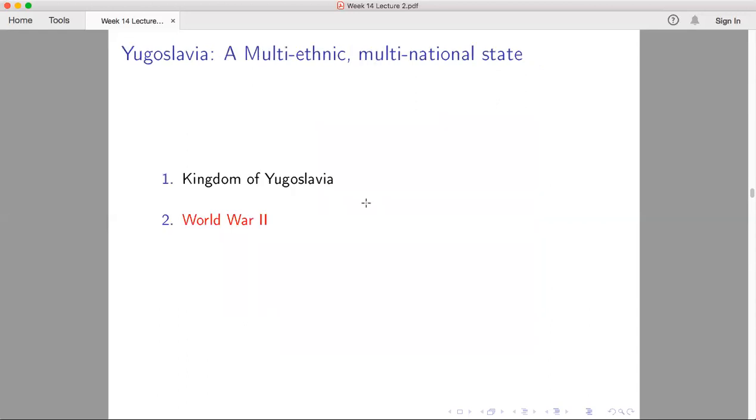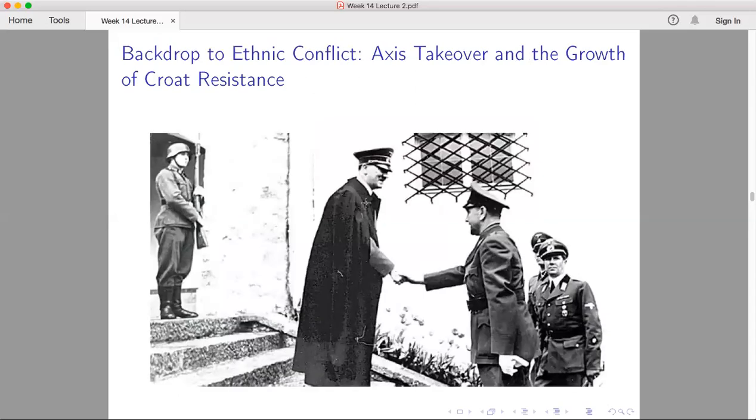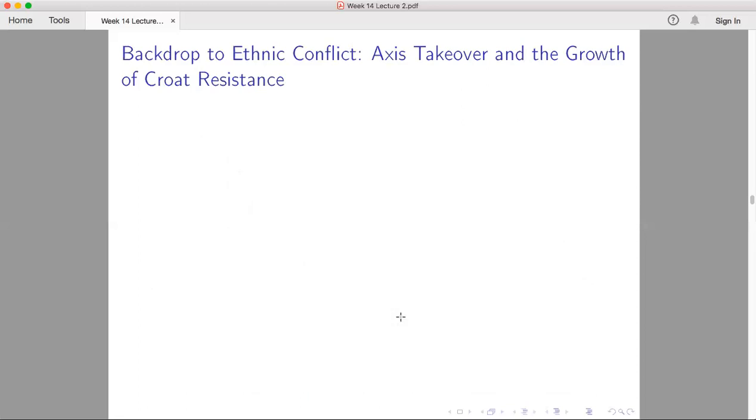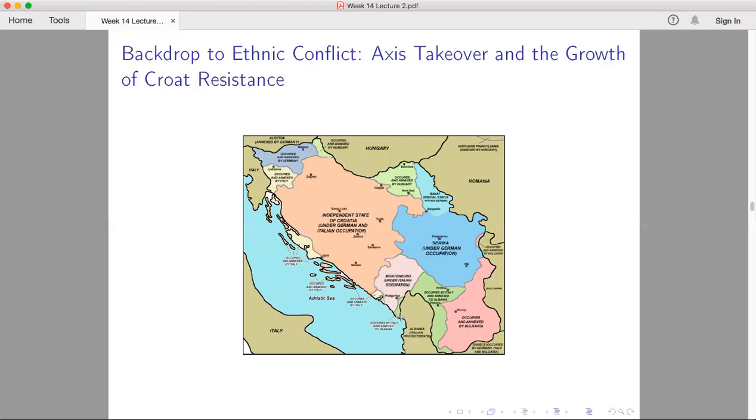Now, this all changes in World War II, particularly as we get the Axis takeover of Yugoslavia. So Hitler and the rest of the Axis powers come in and take over Yugoslavia. And they do a couple of things that actually change the nature of ethnic relations. On the one hand, they redivide the territory along national lines.